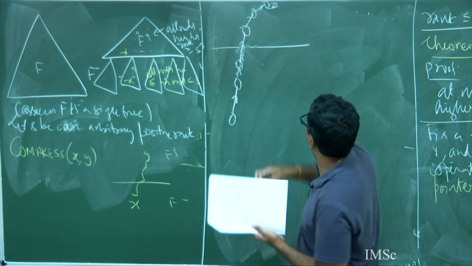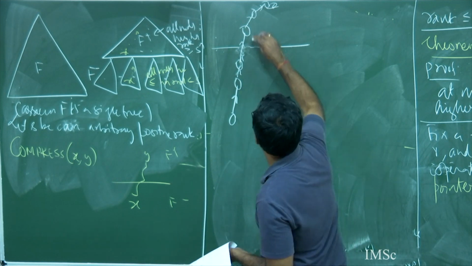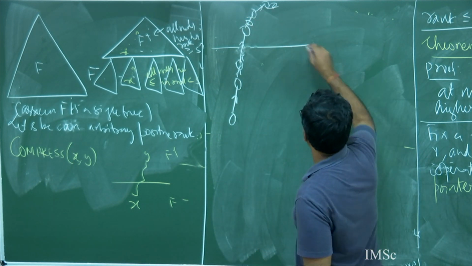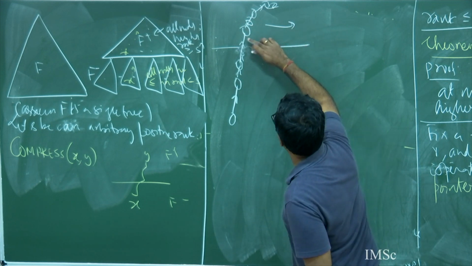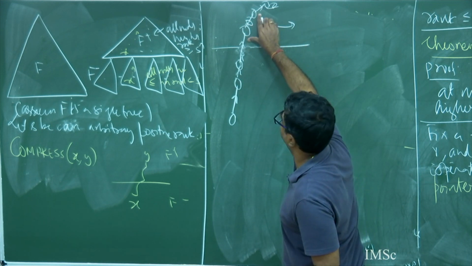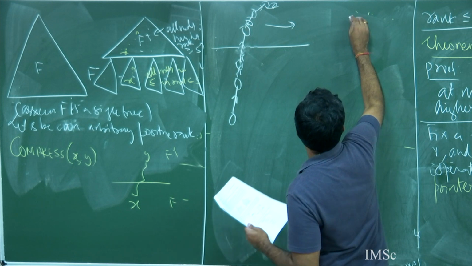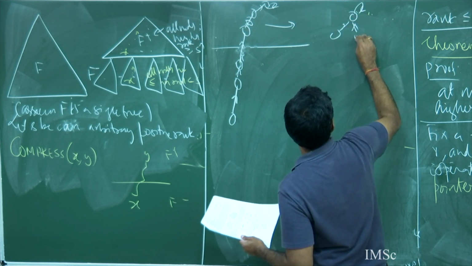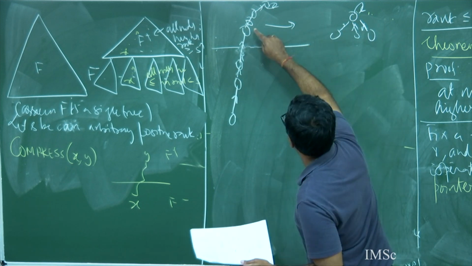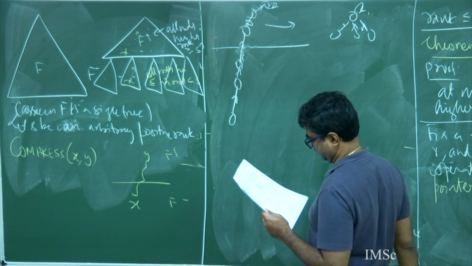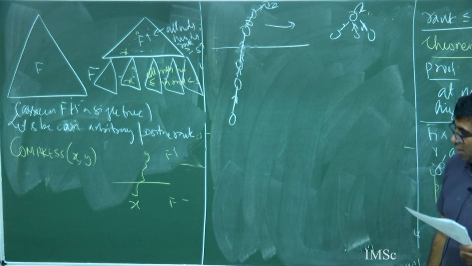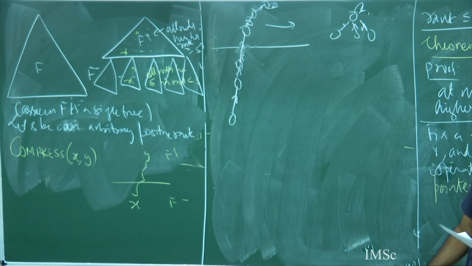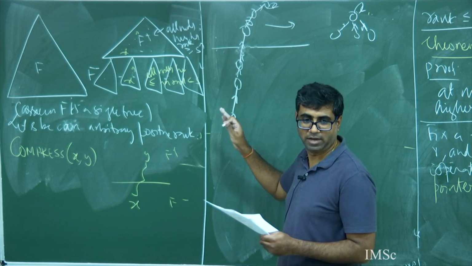The top guy, I will keep it that same way. So this guy will be compressed from here to here. What will it look like? One, two, three, right? So 1, 2, 3. But these guys, first I break them up like this.